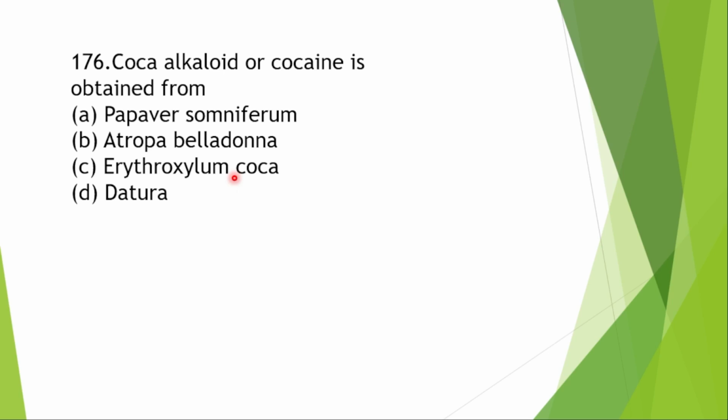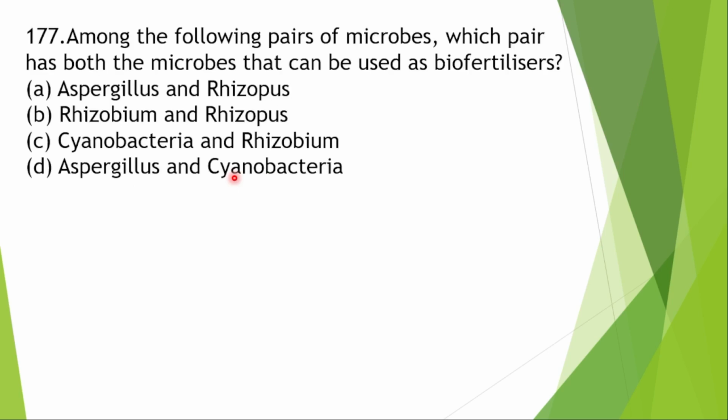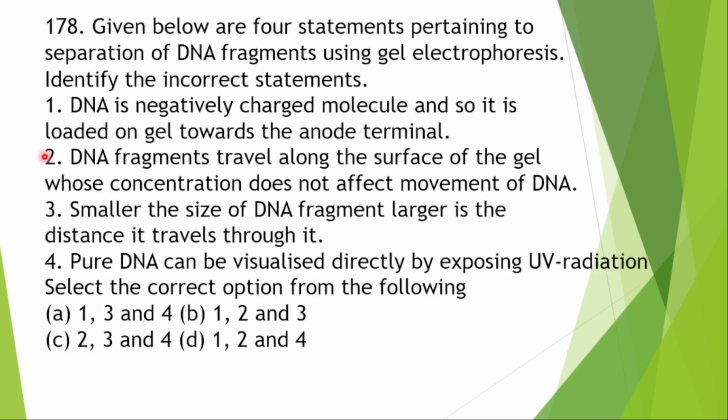So here the right option is Erythroxylum coca. 177. Among the following pairs of microbes, which pair has both the microbes that can be used as biofertilizers? Aspergillus and Rhizopus, Rhizobium and Rhizopus, Cyanobacteria and Rhizobium, Aspergillus and Cyanobacteria. Here the right option is option C, Cyanobacteria and Rhizobium.